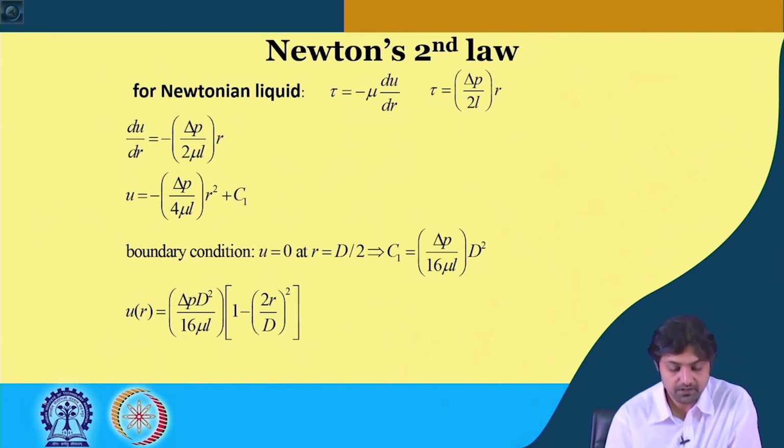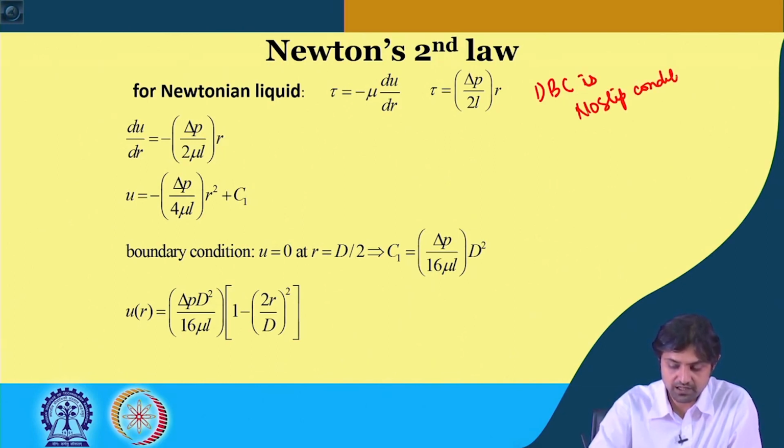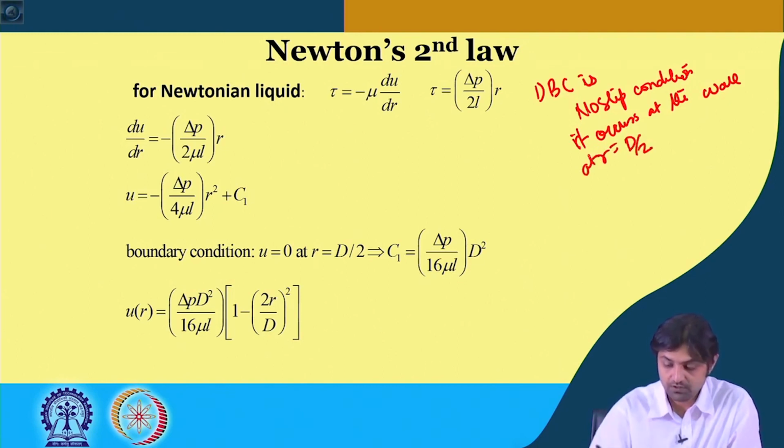Now importantly, one of the boundary conditions is the no slip condition. And where does it occur? It occurs at the wall, which is at r equal to d by 2, which means u is equal to 0 at r equal to d by 2.